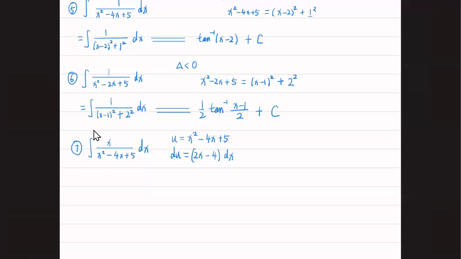We have x over there, so we can multiply it by 2 and divide by 2. Then with the minus 4, we add 4. We separate it out.